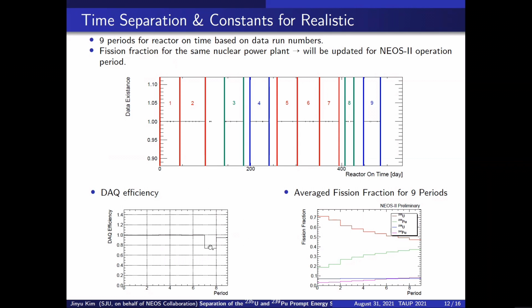IBD efficiencies are obtained for 9 periods, and fission fraction values are averaged for the 9 periods. We don't have fission fraction values which fit NEOS 2 for now. Other values from the same nuclear power plant are used. This will be updated in the future.